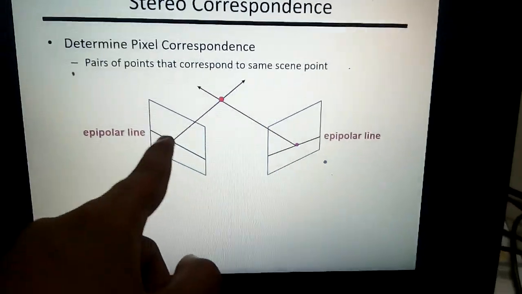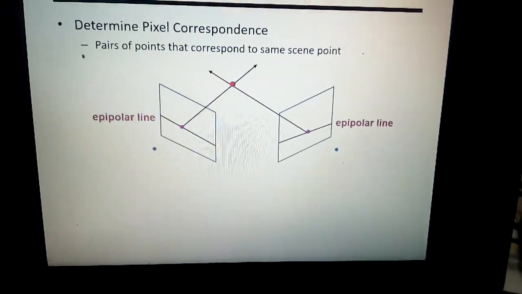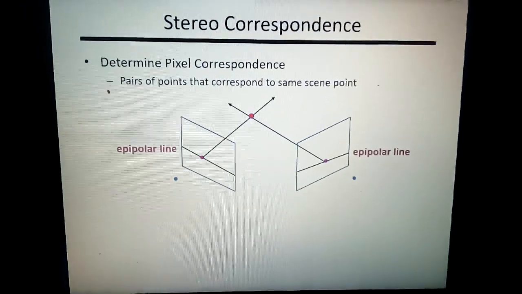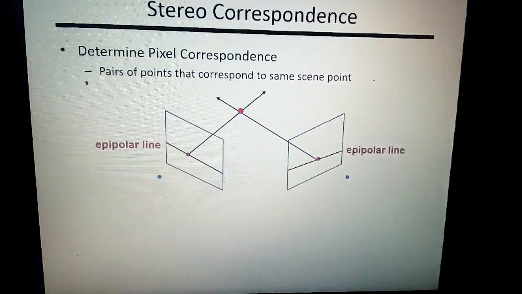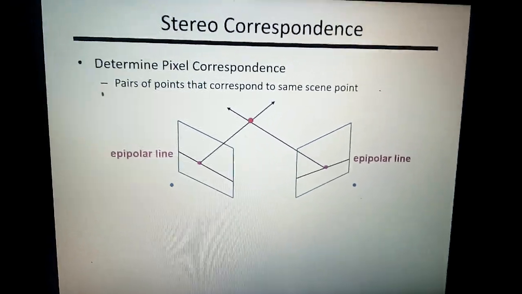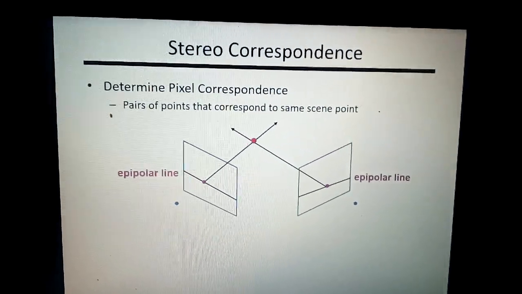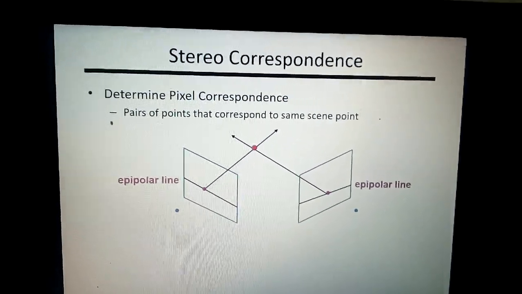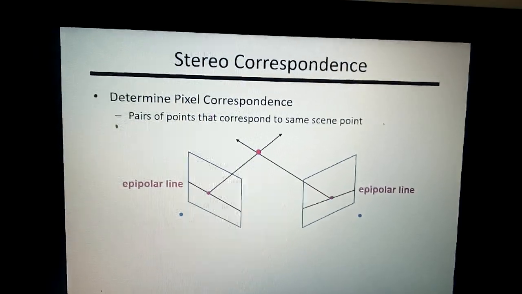This is the scene point, and what we are seeing here is a new concept called epipolar line. So what are epipolar lines? Matching points of the same object point lie on the corresponding epipolar lines.